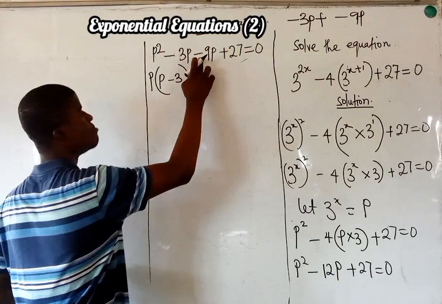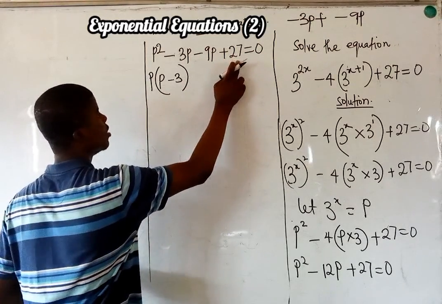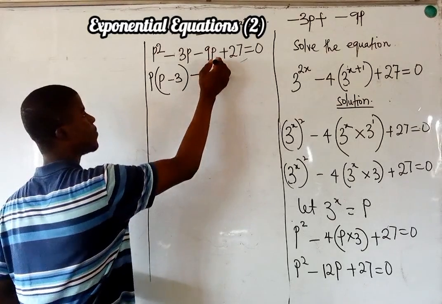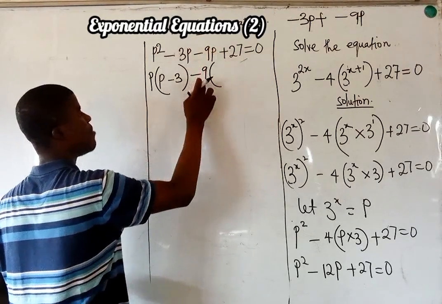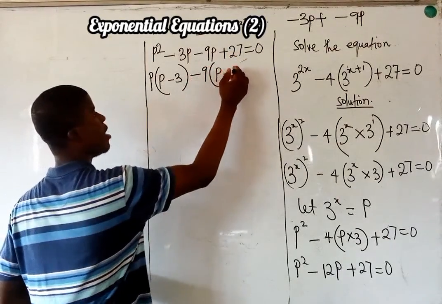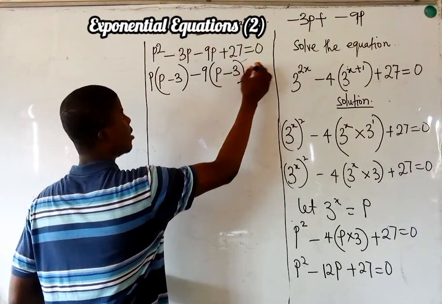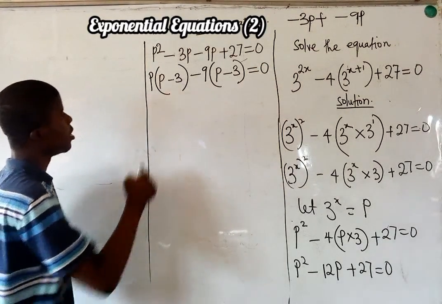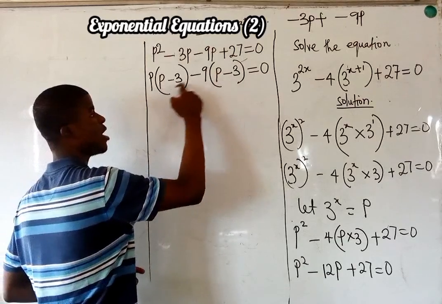What is common to both minus 9p and plus 27? It is minus 9. When minus 9 comes out, minus 9p divided by minus 9 is p, then plus 27 divided by minus 9 is minus 3. We close the bracket, all equal to 0.